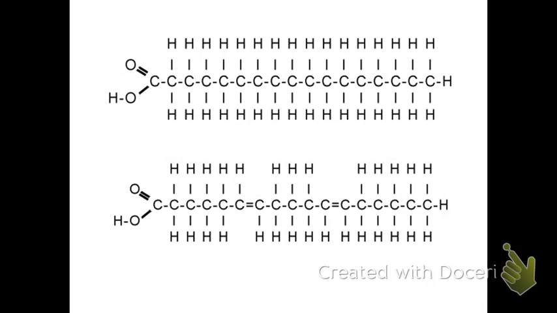As we looked at before, here are two fatty acids. The top one again is a saturated fatty acid, and the one on the bottom is an unsaturated fatty acid.